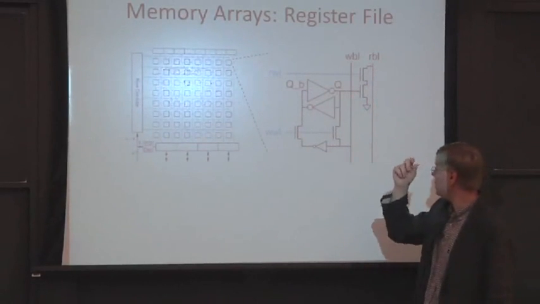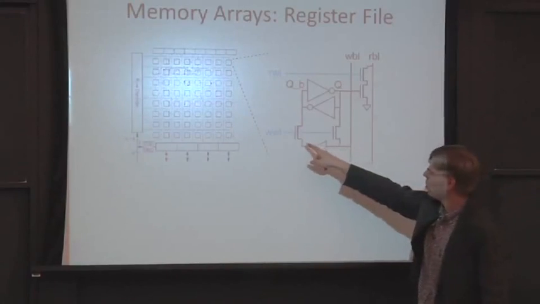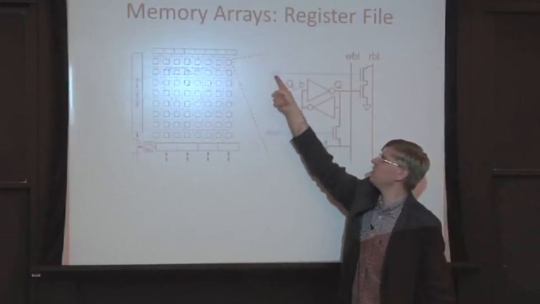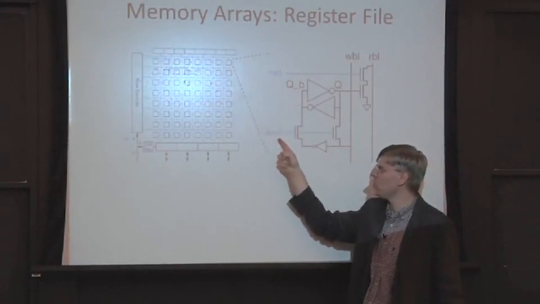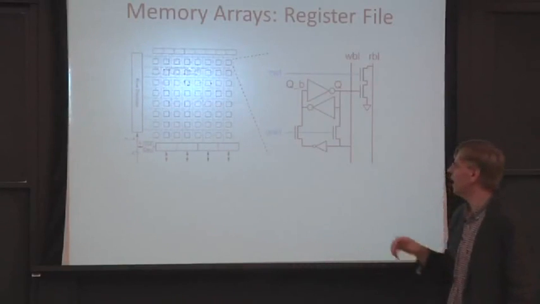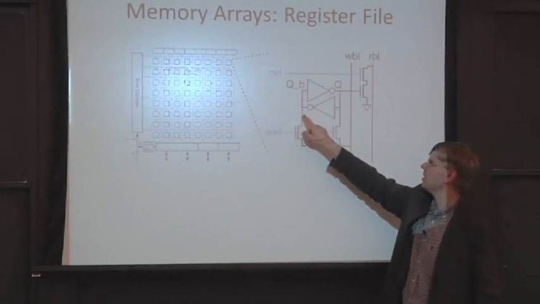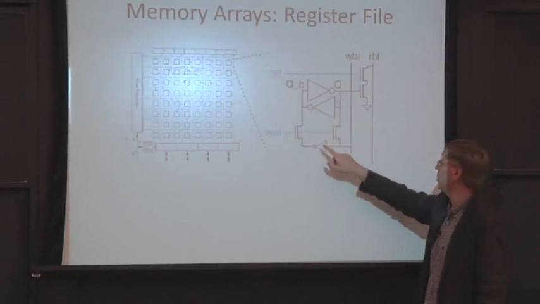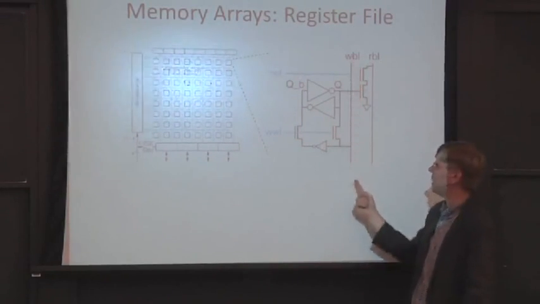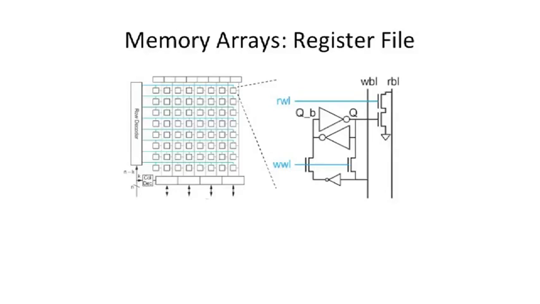And if we want to do a write, we're going to turn on not the read word line, RWL here, but we're turning on the write word line, WWL. And what that's going to do is connect both the Q and Q bar to the write bit line. And now we get into some analog magic here.